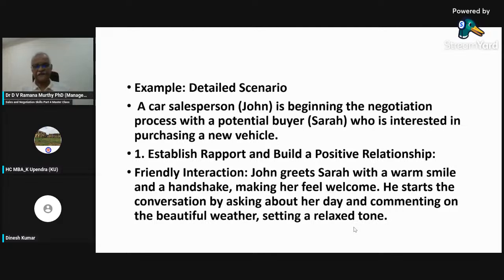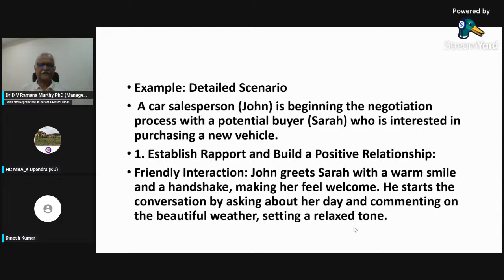So with this, let's examine a detailed scenario as an example, a case. Say, for example, a car salesperson by name John is beginning the negotiation process with a potential buyer called Sarah, who is interested in purchasing a new vehicle. How do you proceed? You are playing the role of John, and I am playing the role of the potential buyer, Sarah, or somebody else, whatever it is.